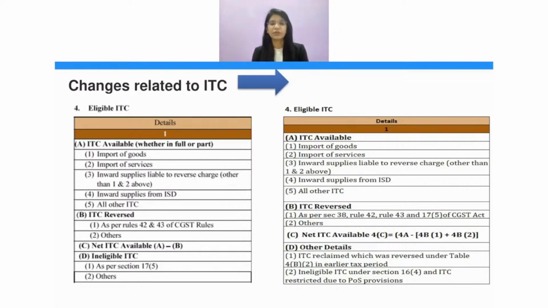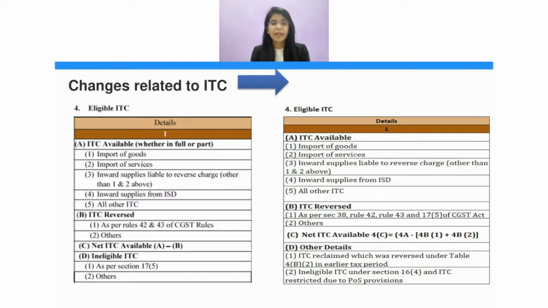So first we show it under 4A5, and then we do a temporary reversal under 4B2. This is how we have to show this transaction while filing our GSTR-3B for the month of August. In this way, whatever ITC was coming in 2B, and let's say there was only a single transaction, will again match with what is coming under 4A5 of what we actually filed in GSTR-3B.